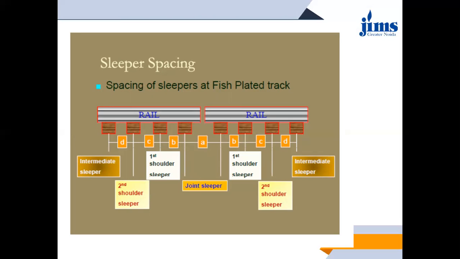So three sleepers on each side of the joint are very special, or important, while placing. The other sleepers are intermediate sleepers, kept at a certain distance, so you have to vary the distance based upon the factors mentioned in the earlier slide.